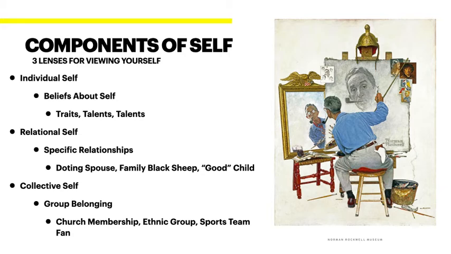The first is what's called the individual self. The individual self is how you see you. What are your beliefs about yourself? Usually these are made up of traits that we think we have. So maybe we're smart, or we're kind, or we're conscientious. And then it's also the areas where we believe we're talented, the things that we personally think we're good at.